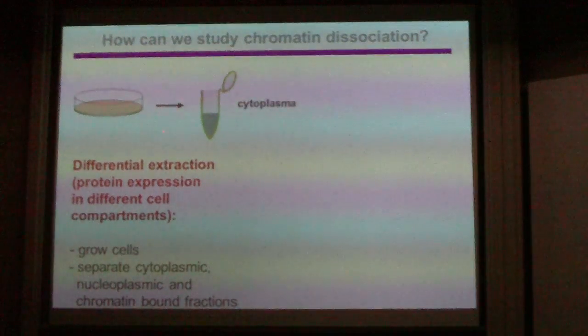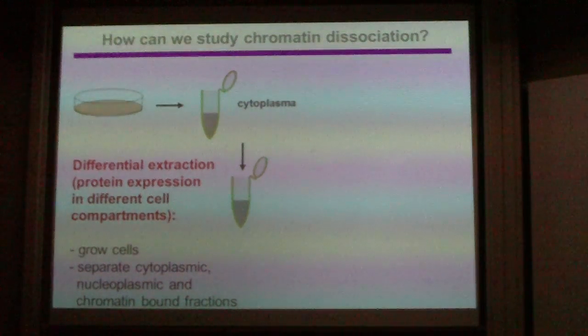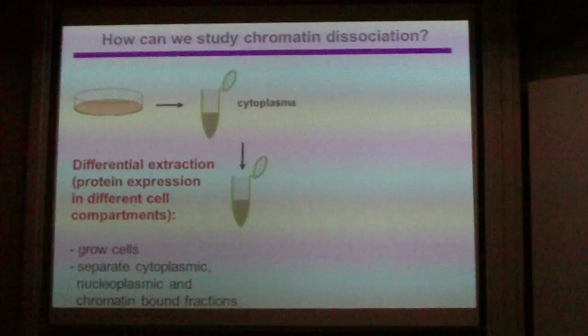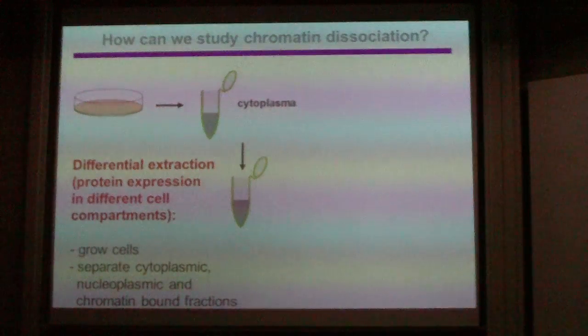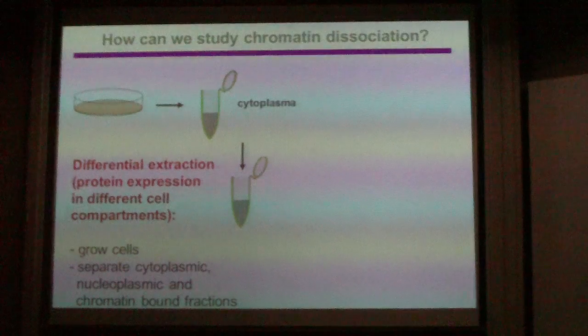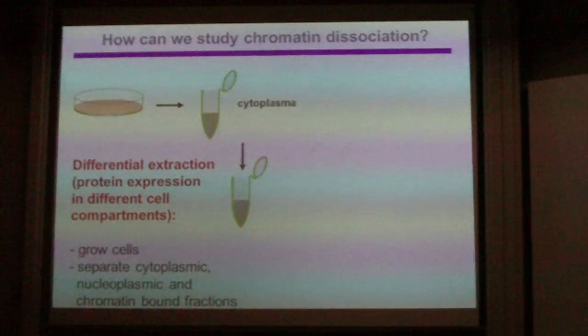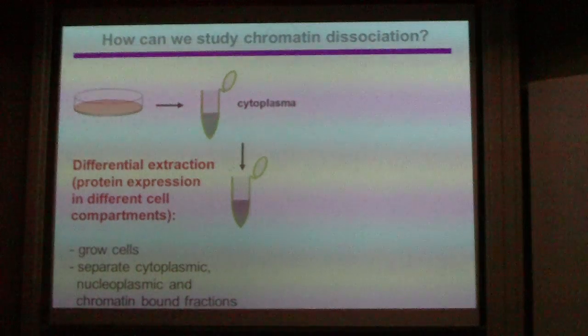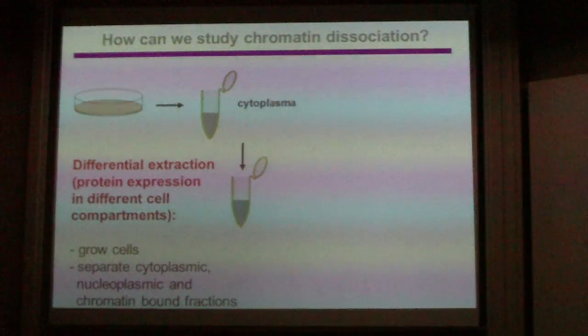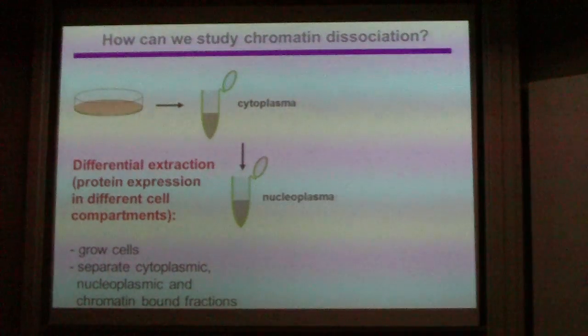The pellet you can dissolve again in a second, stronger buffer, which will lyse your nuclear membrane. Then you will have your nucleoplasm in solution, and you will still have your chromatin, which is not soluble. You can spin it down again.